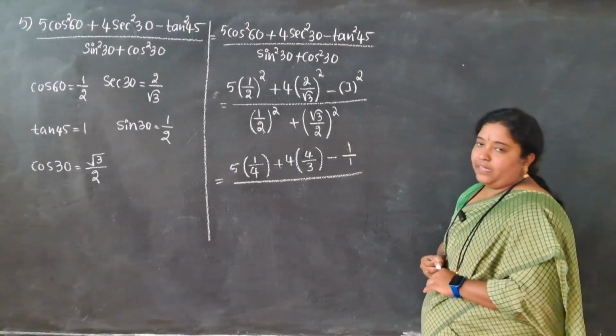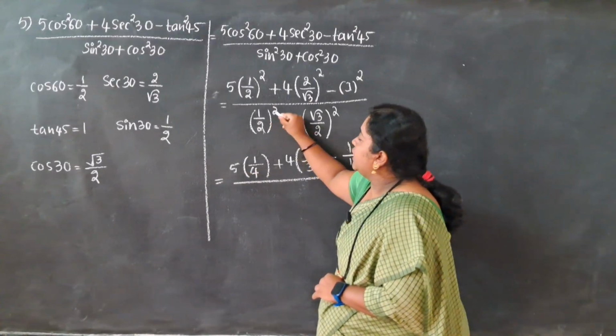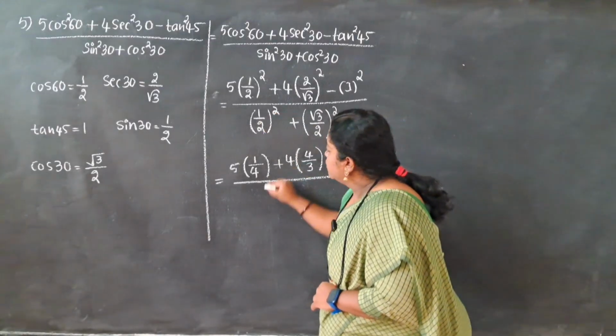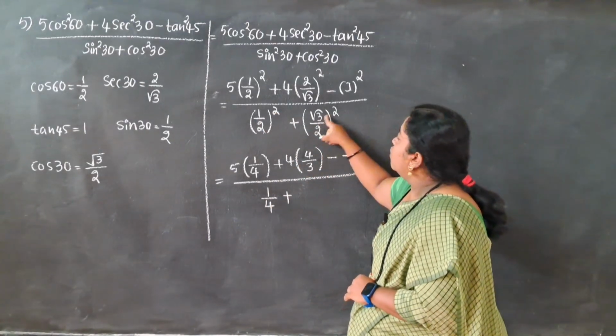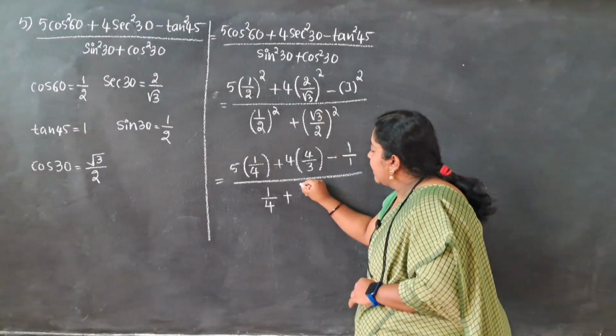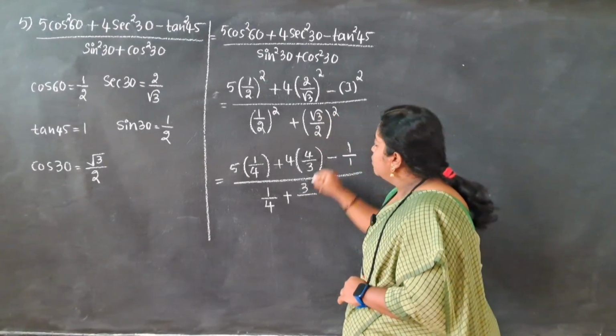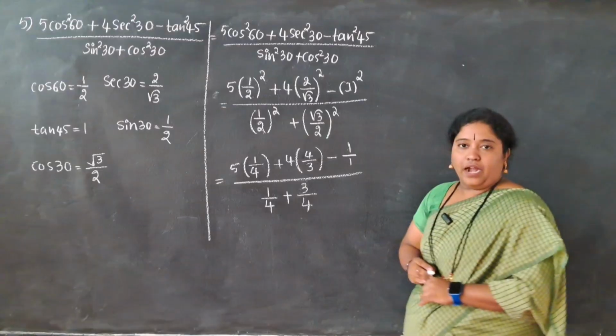Whole divided by, look at the denominator: 1 by 2 the square, where 1 square is 1, 2 square is 4, plus root 3 square, square and root get cancelled, I'm left with only 3, 2 square will be 4. Understood?